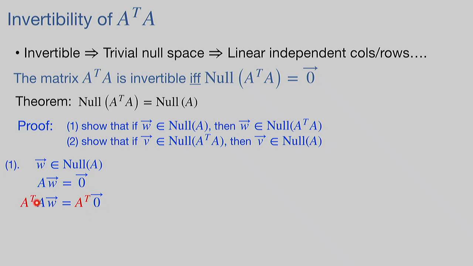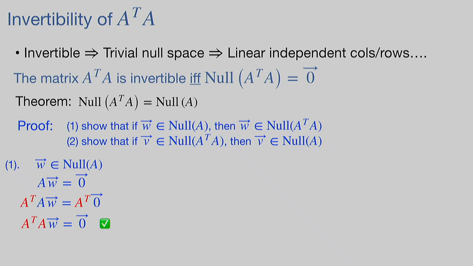So if A transpose A times W equals 0, W is within the null space of A transpose A. Even though we know it's in the null space of A, we can show it is also within the null space of A transpose A. That's easy. Check: if W is in the null space of A, it's also within the null space of A transpose A.